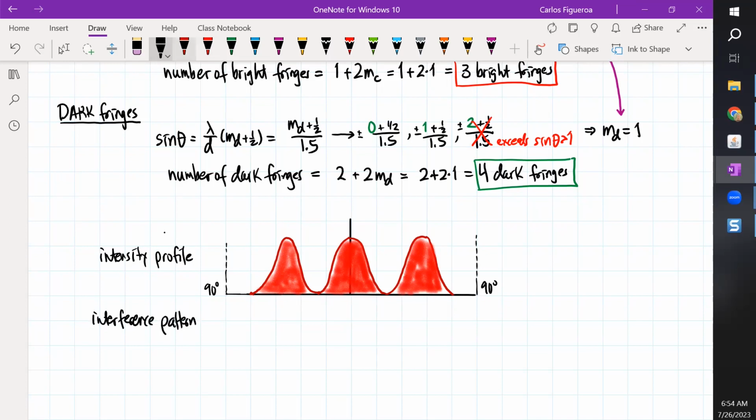So as I draw my first one, my second one goes to here. And that's it. Then I have my dark fringes, and you can see that at 90 degrees, it's dark.